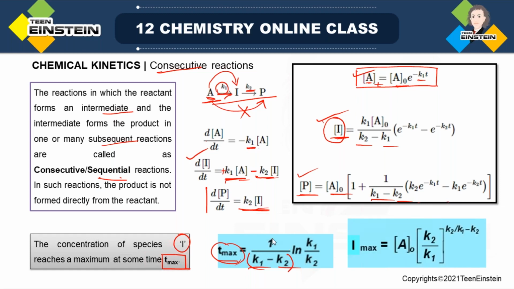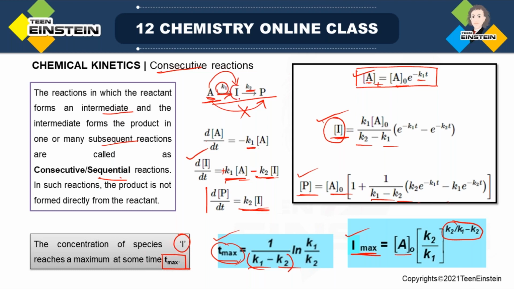And the equation for the maximum concentration of the intermediate is equal to the initial concentration of the starting material multiplied by K2 by K1 with the power K2 by K1 minus K2. So these two are the equations for Tmax and Imax, that is the maximum concentration of intermediate that is possible.